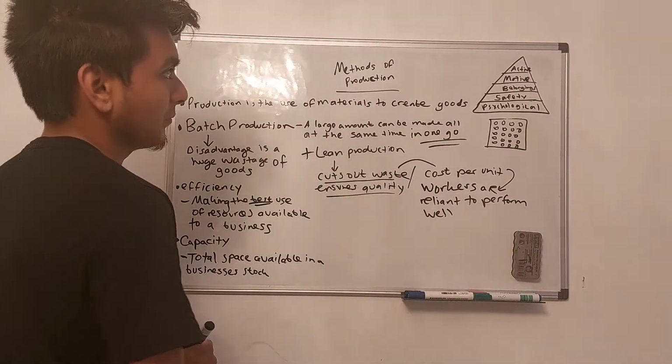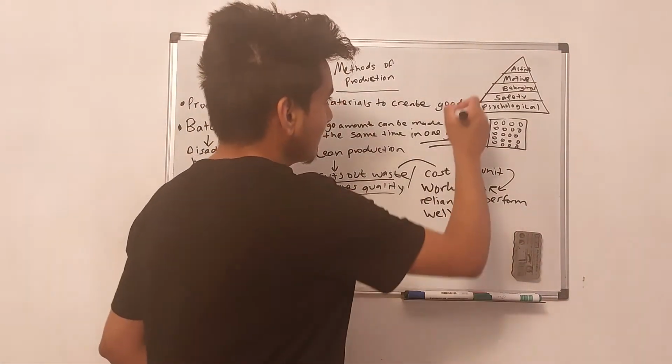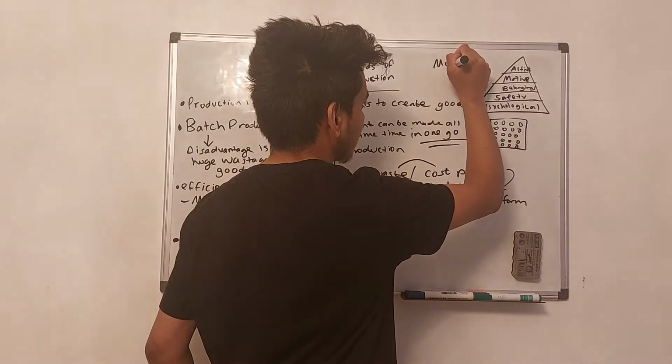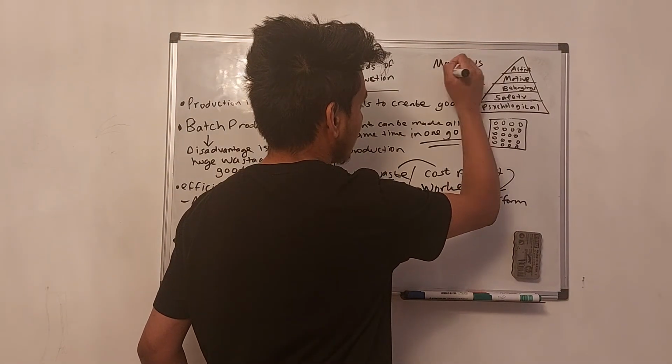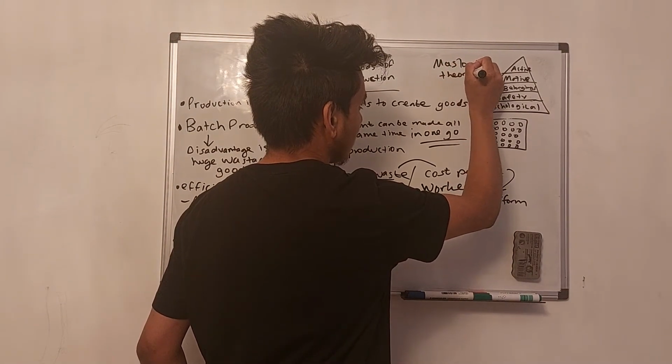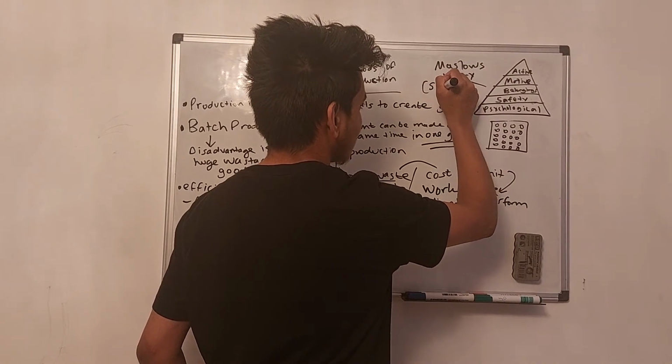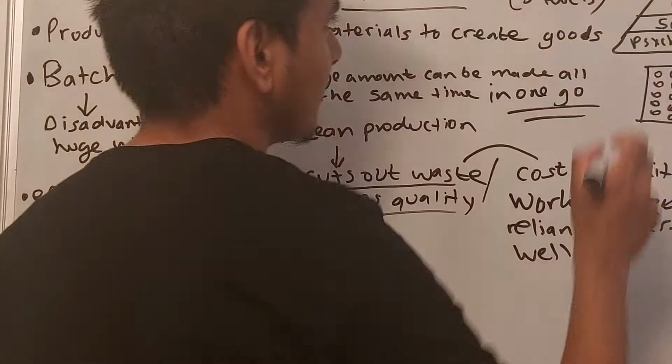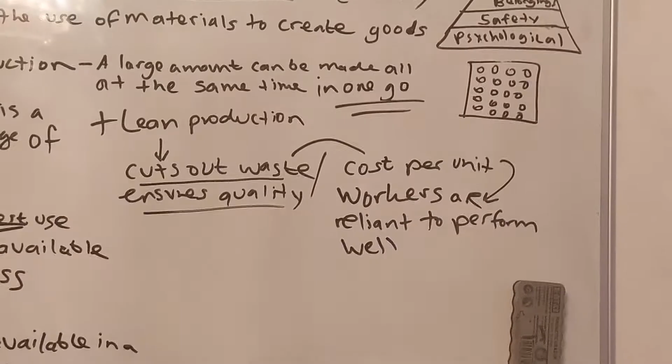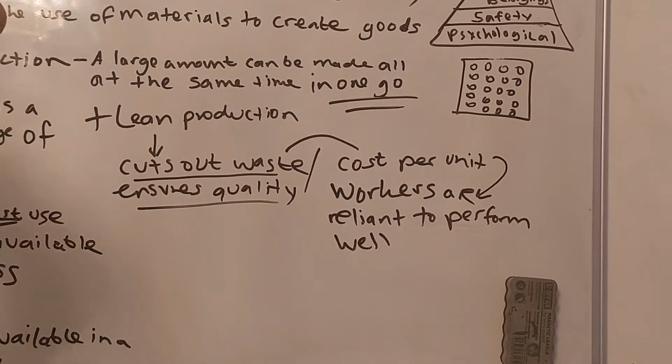I haven't got much space here, but I guess you get the gist. This is Maslow's theory. It includes 5 levels. I hope you understand that.